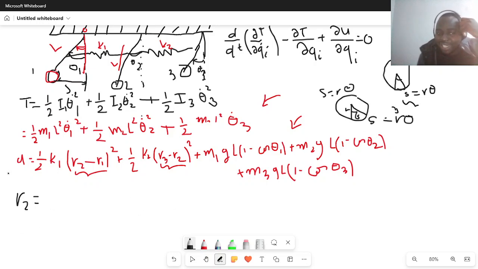In our case, this R here is simply the length L, which is acting like a radius. That is the reason why for R2 I will be having L theta 2, and for R1 I will be having L theta 1, and for R3 I will be having L theta 3.